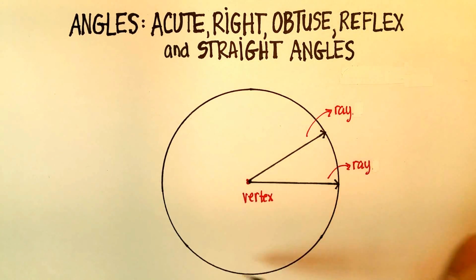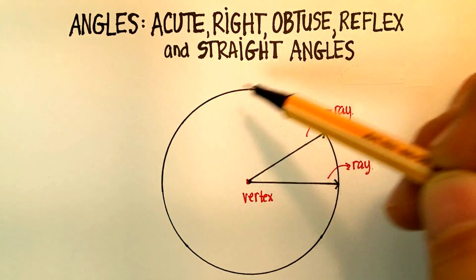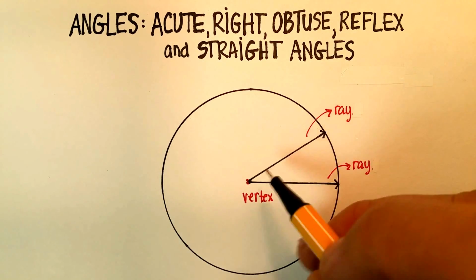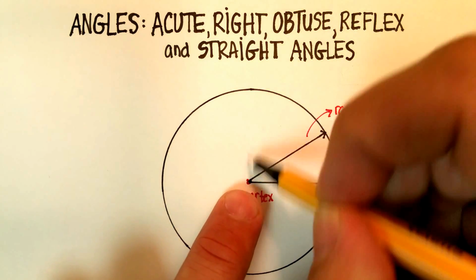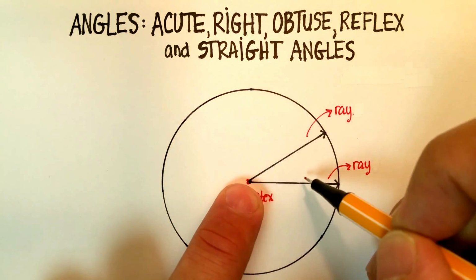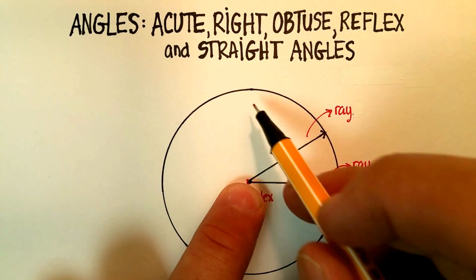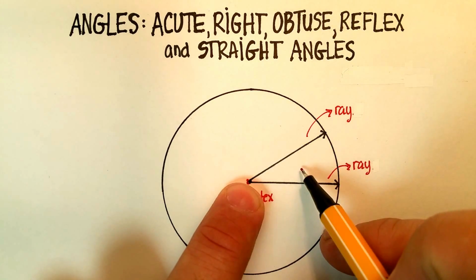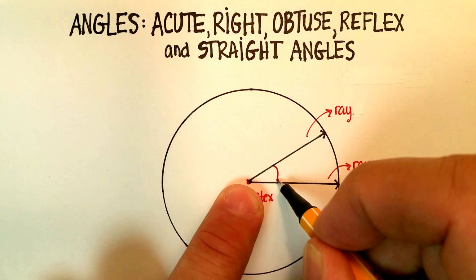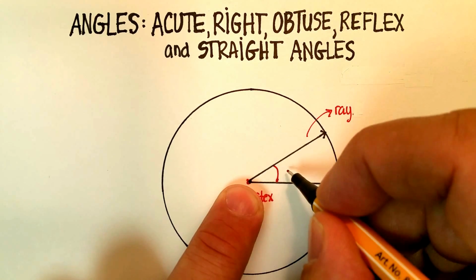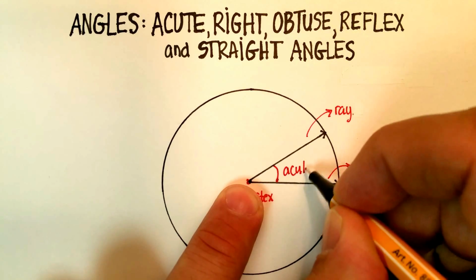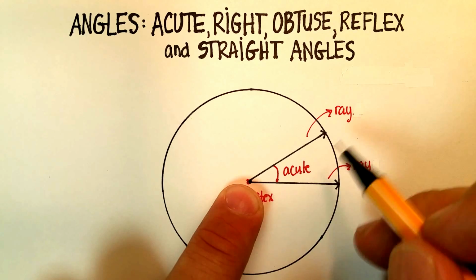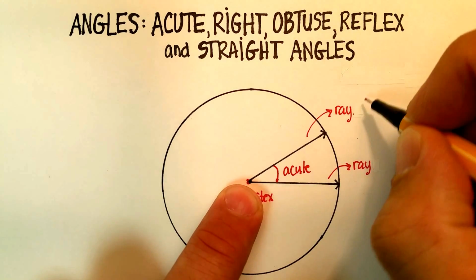Now, we all know that a circle has 360 degrees, right? So if I did a quarter of this circle, it would be 90 degrees. Anything less than 90 degrees, for example, like here, this would be an acute angle. All right, so an acute angle is less than 90 degrees.